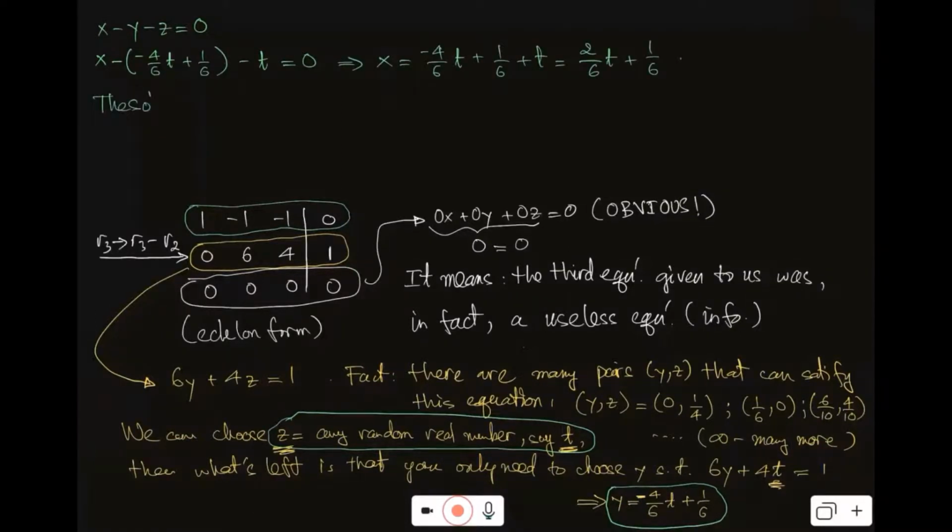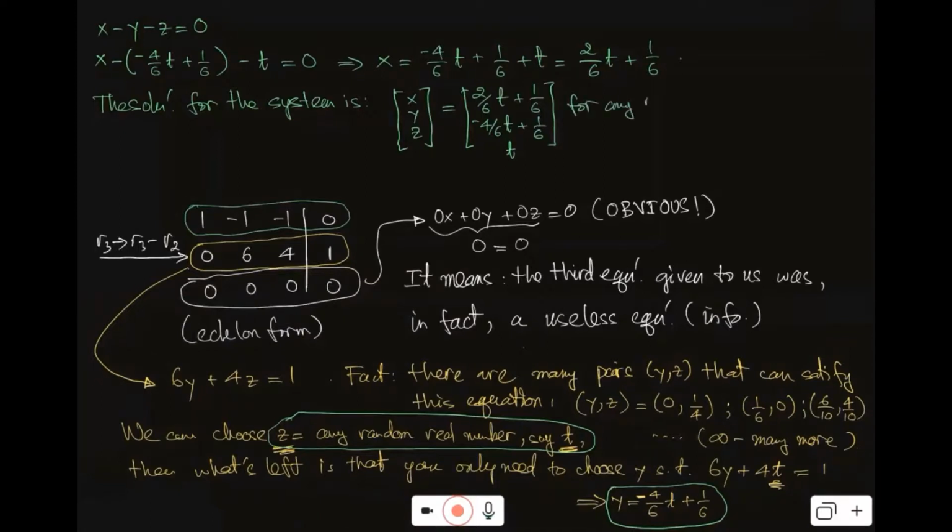And so the solution for the system is something looking like x, y, z equals to 2/6t plus 1/6, and negative 4/6t plus 1/6, and t, for any real number t.